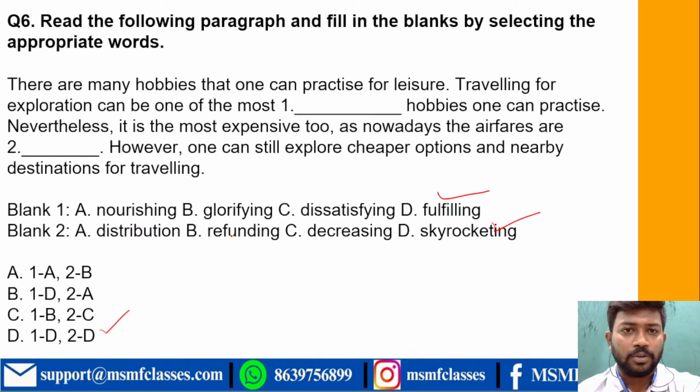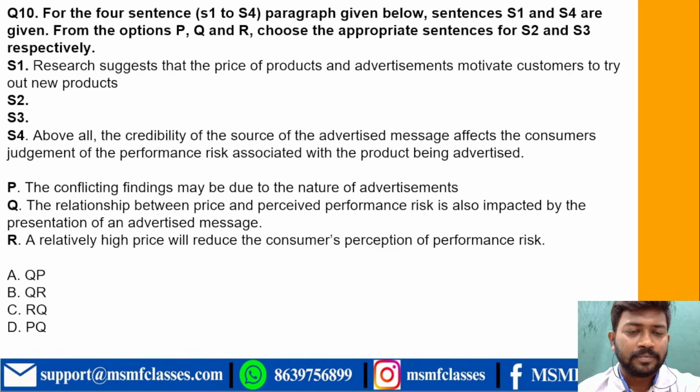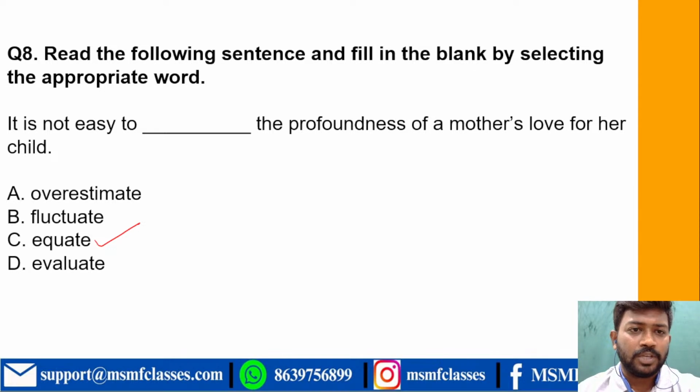Evaluate is to find the answer, and we are not finding any value here. That's the reason it is not easy to equate the profoundness of mother's love. That's the reason evaluate becomes the wrong answer. Now let me move to the next question.